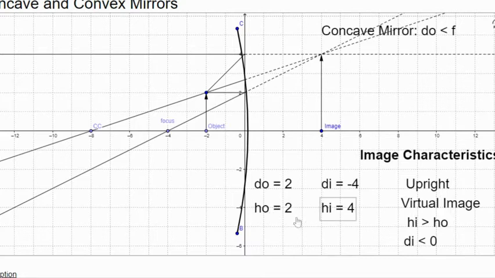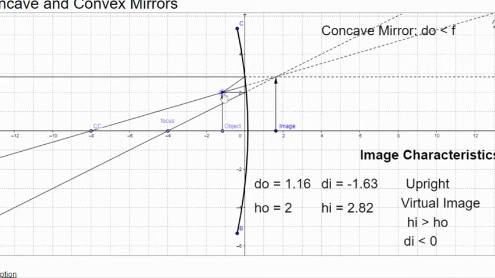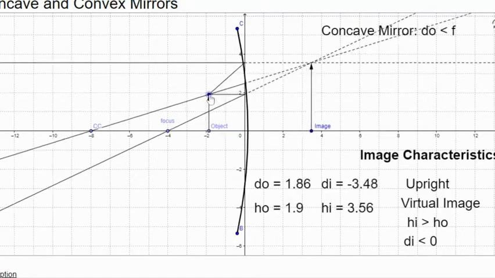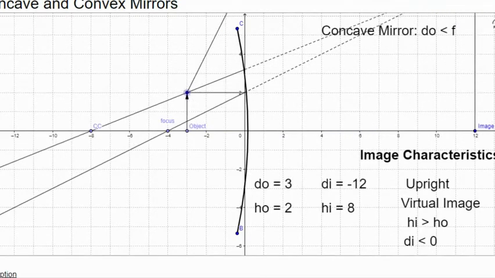You can see here the image is larger than the object. If I move that closer, it's still going to be larger than the object. Not as much larger, but still larger. I move it a little farther away. Yeah, now it's so far away and so large we can't even see the top of it, but there it is way over there.